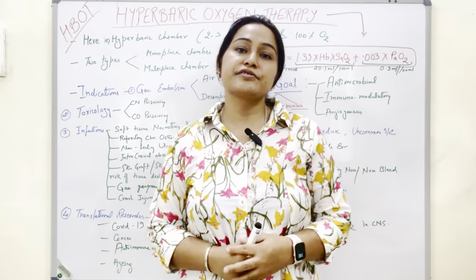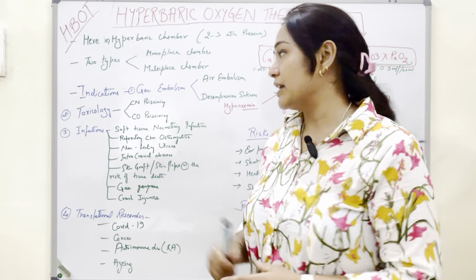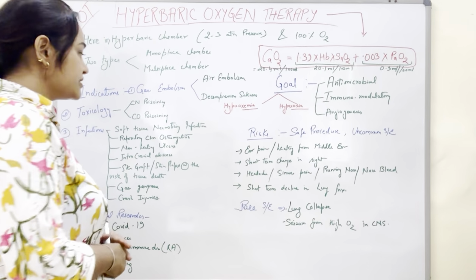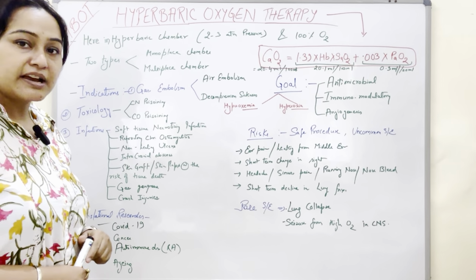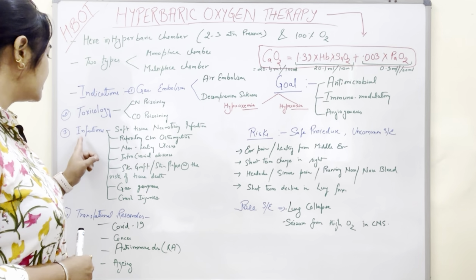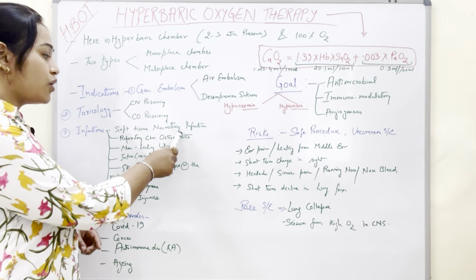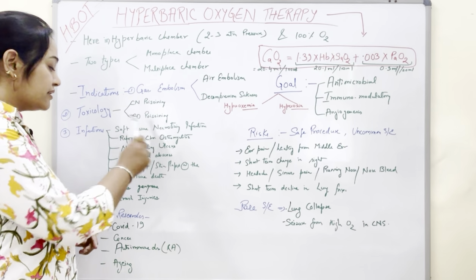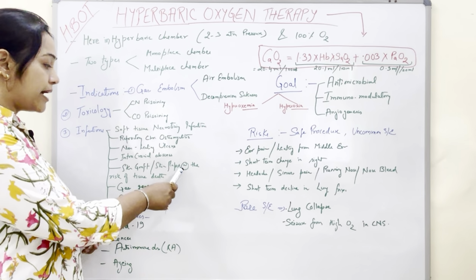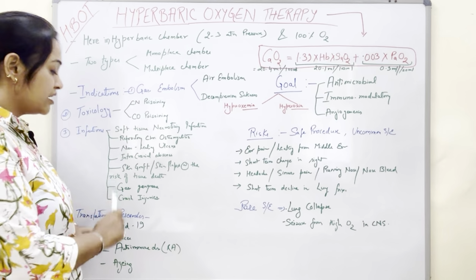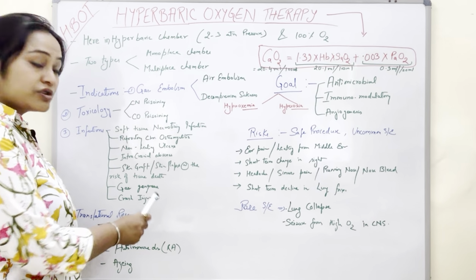What are the indications of HBOT? There are several indications, right? Gas embolism, whether air embolism or decompression sickness. Toxicology, like cyanide poisoning and carbon monoxide poisoning. Infections like soft tissue necrotizing infection, refractory chronic osteomyelitis, non-healing ulcers, intracranial abscess, skin graft or skin flap at risk of tissue death, gas gangrene, which is caused by Clostridium bacteria, and crush injuries.